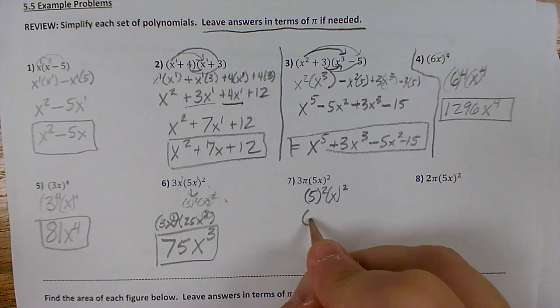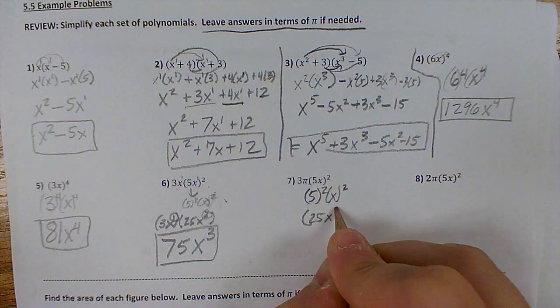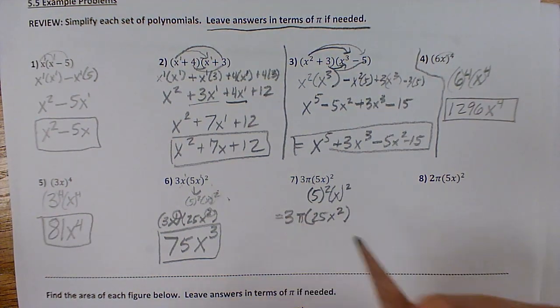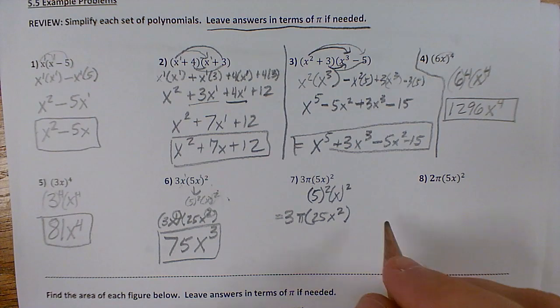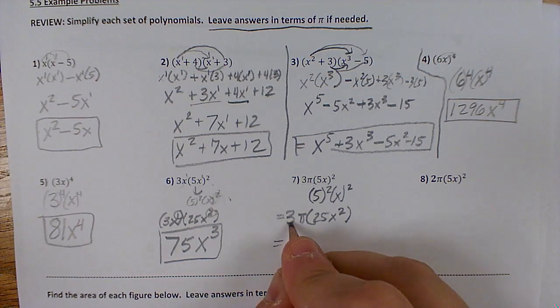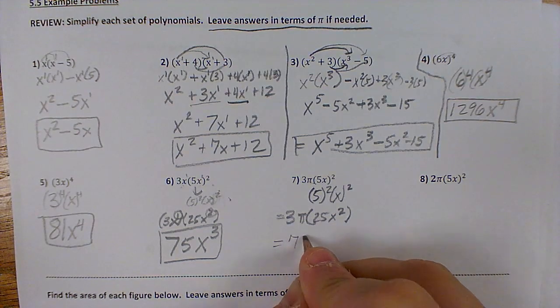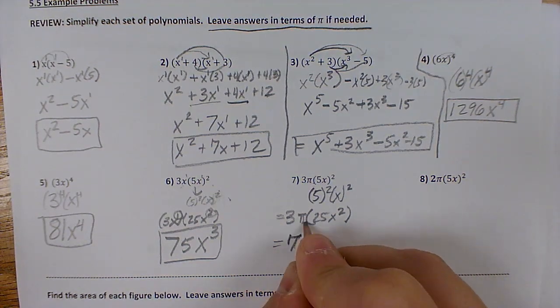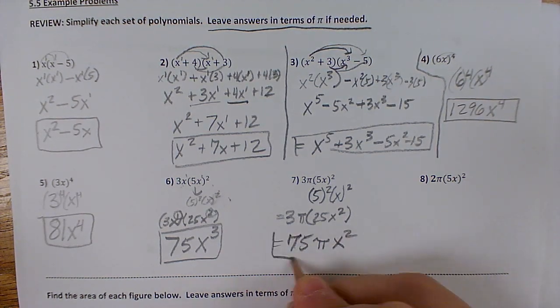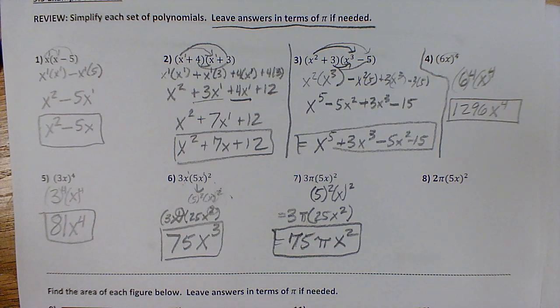And this would turn into 25x squared, and then we drop the 3 and pi. So pretty much to keep things in terms of pi, you pretend the pi is just a variable, even though it's not. 3 times 25 is 75. But now we'll attach the pi and then put the x squared this way. This is what it means to keep an answer in quote-unquote terms of pi.